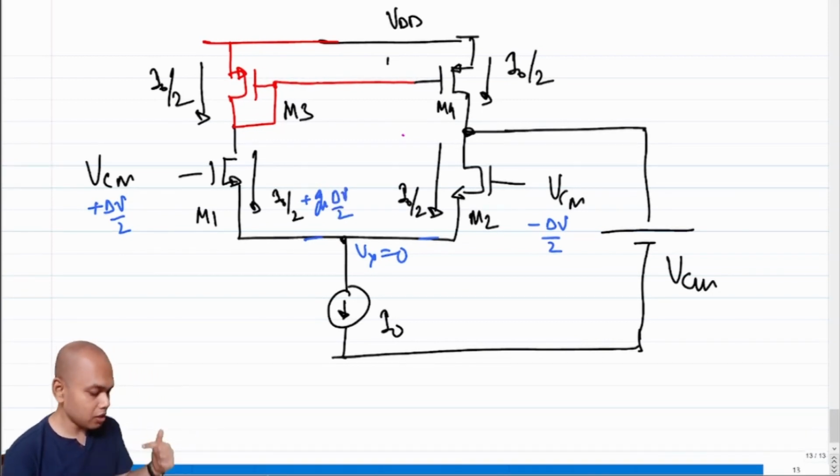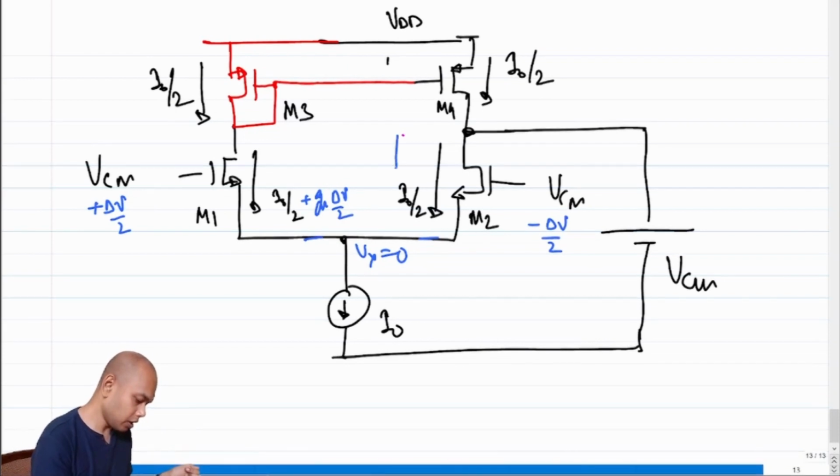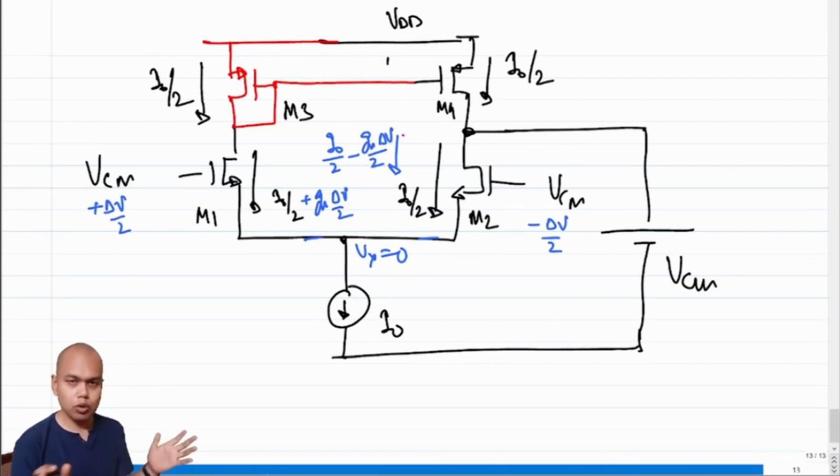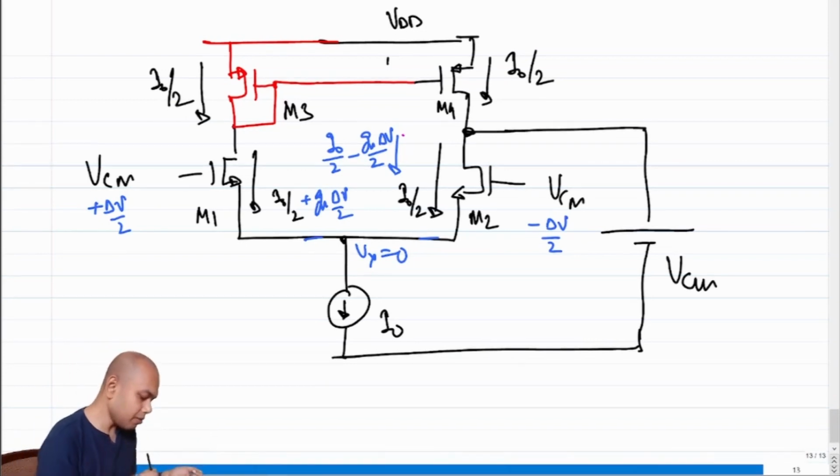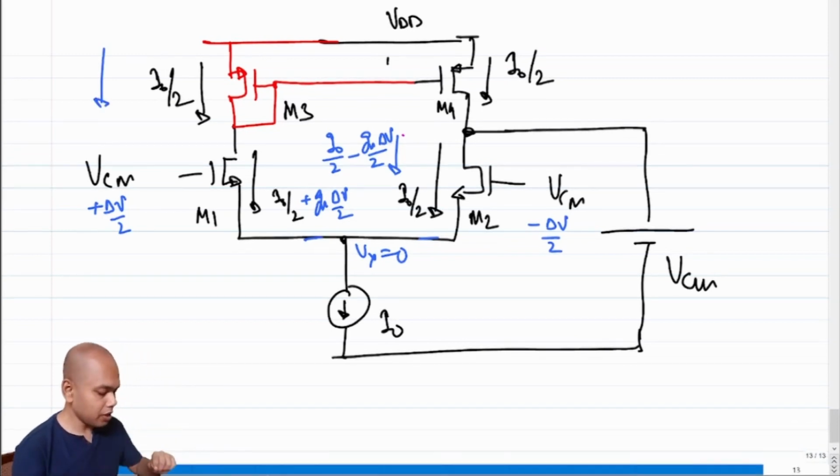What is the total current through M2? This is I naught by 2 minus Gm delta V by 2, right? So far so good, everything is identical. But now tell me, what is the total current through M3? The total current through M3 is the same as the total current through M1, correct?